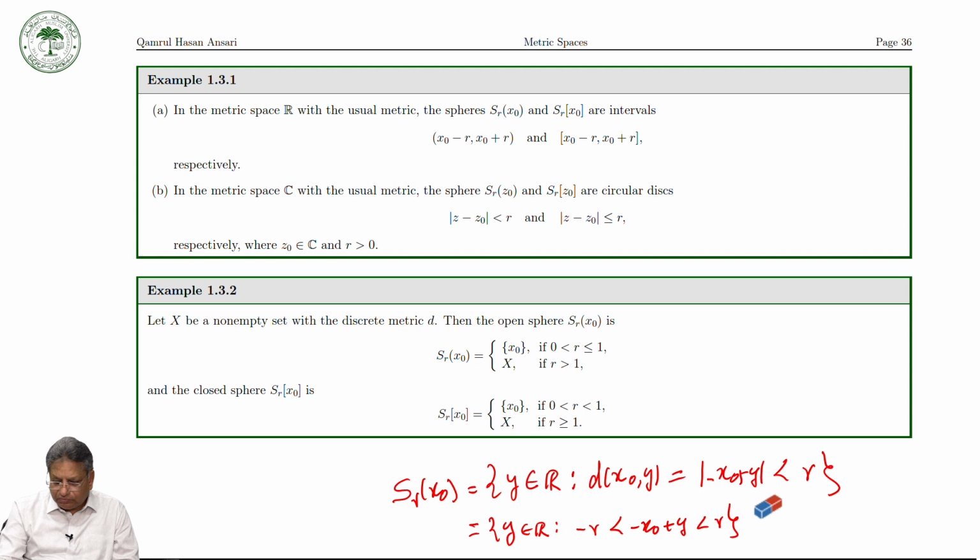And this means that it is the set of all points between x0 - r and x0 + r. So you will get this interval.